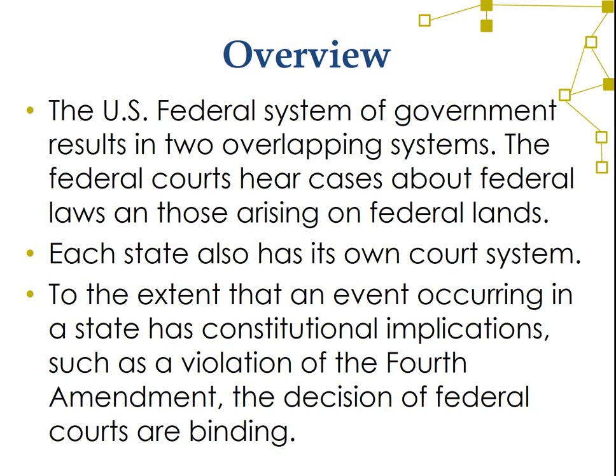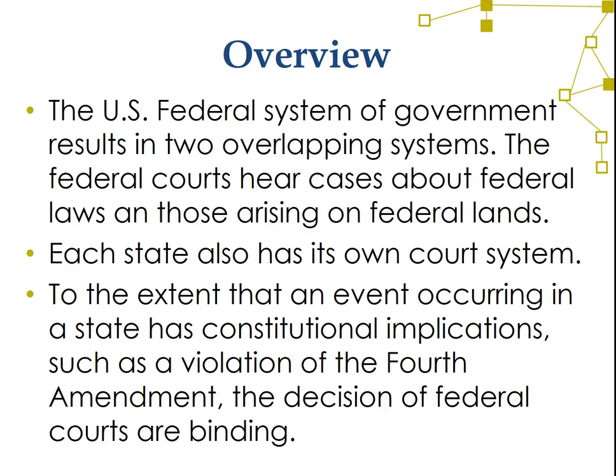So again, the U.S. federal system of government results in overlapping systems. We have that state and federal system. The federal courts hear cases about federal laws and those arising on federal lands, while the states also have their own court systems. So we've got these two things.